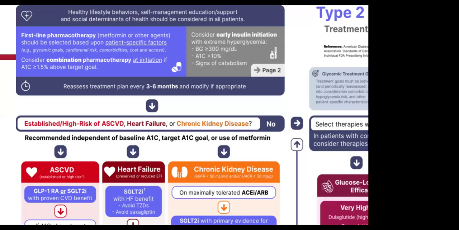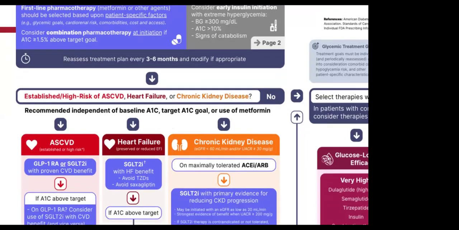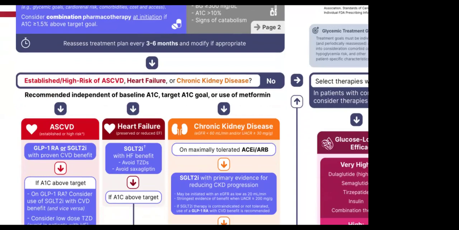After that, you reassess your plan after 3 months, and in reassessment you look at the A1C or the patient's blood glucose levels. Then you want to establish whether this patient has a high risk of any of these three: heart failure, kidney disease, and vascular disease.